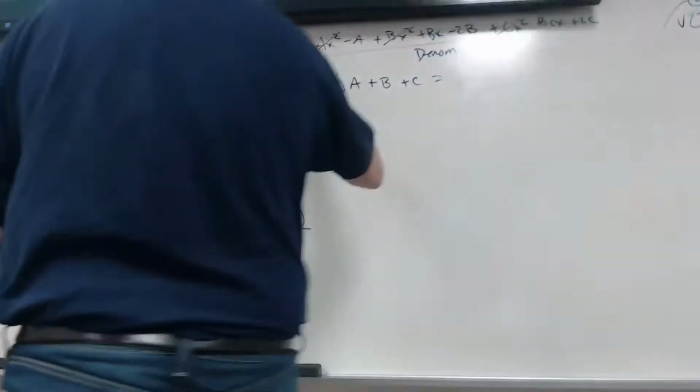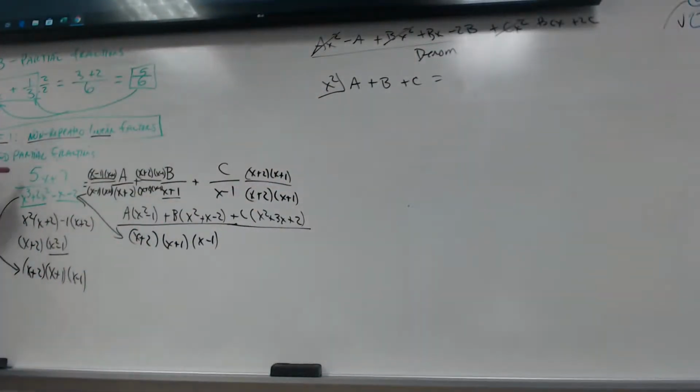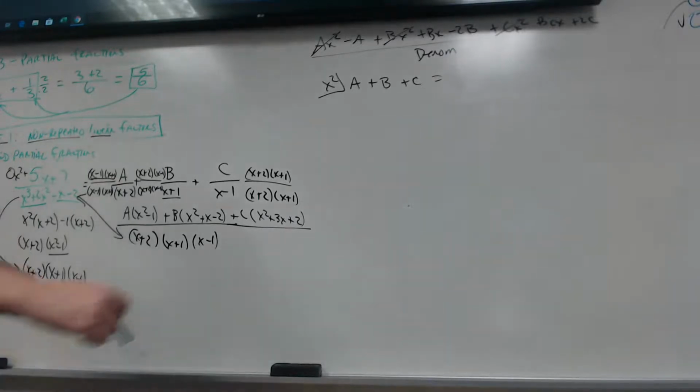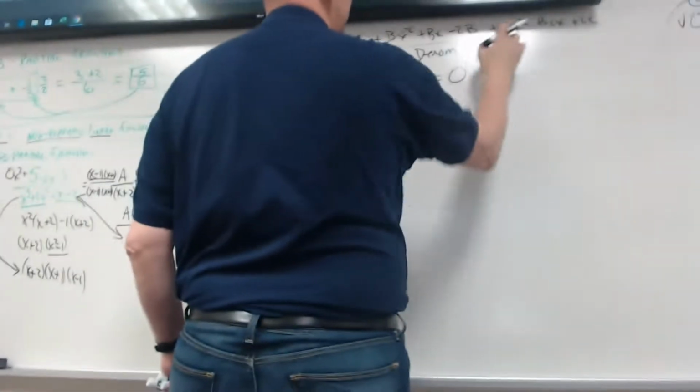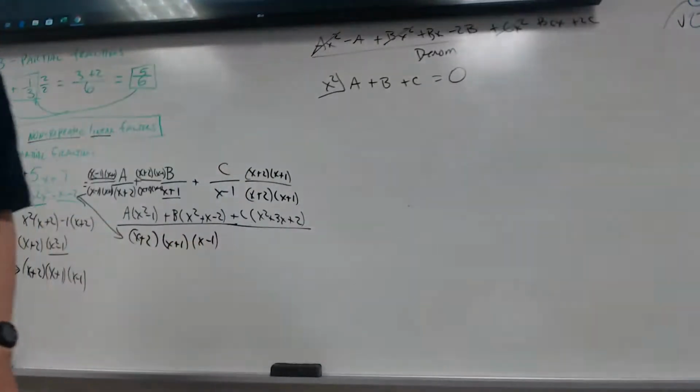Do I have an x squared term in my original fraction? I could write this as 0x squared. Normally I wouldn't do that. So the coefficient on the x squared term is 0, so all three of these have to equal 0.